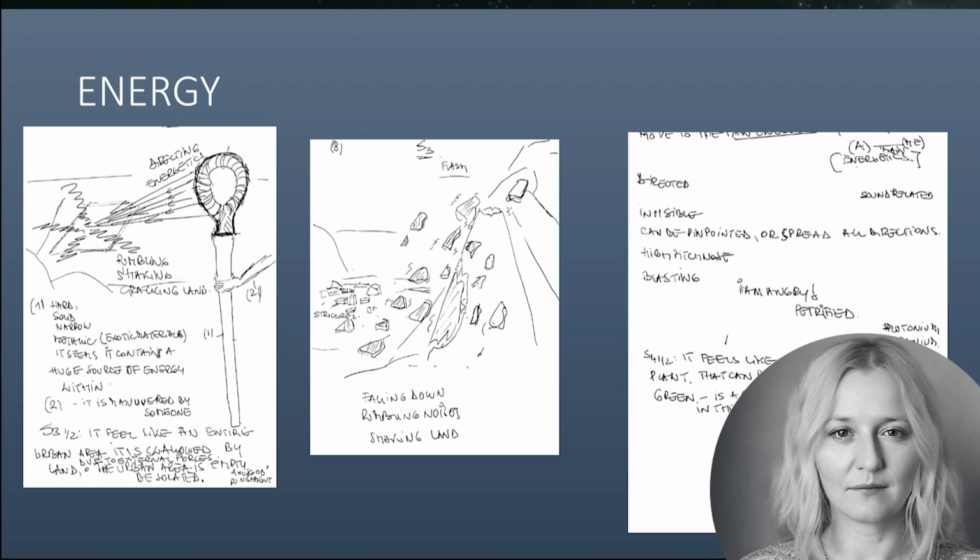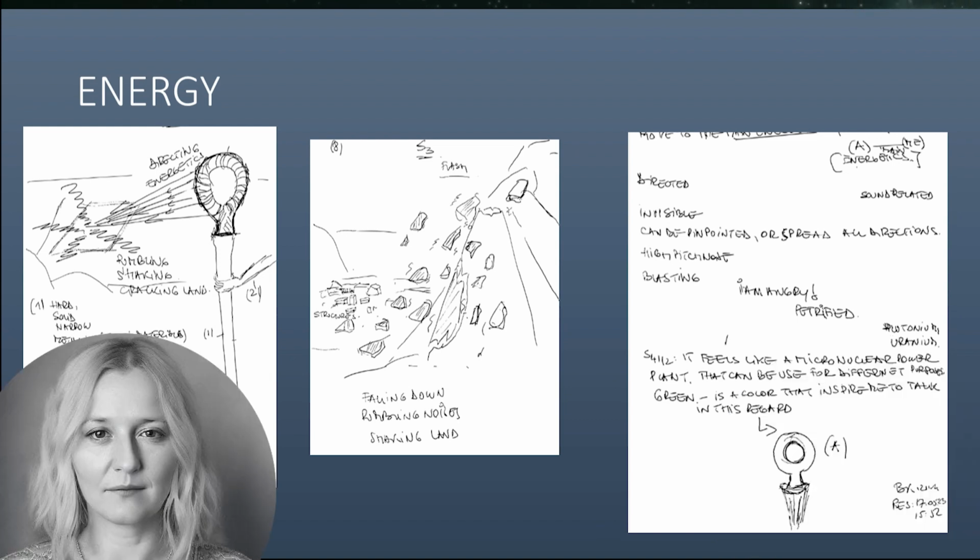In the middle, I've seen falling down parts of the hilly part or mountains like gestalts from around shaking land. I felt the energetic was directed, was also sound related, but it was invisible, and can be spread or directed specific or in all directions.